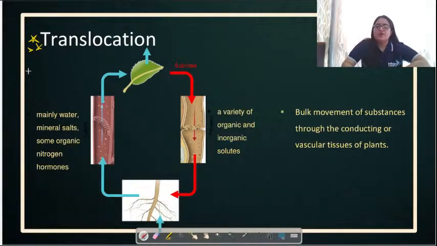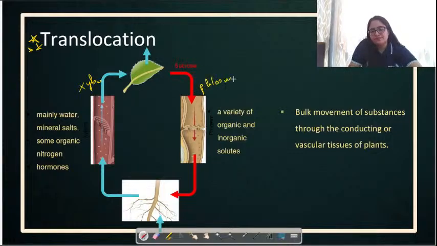For example, this is your xylem and this is your phloem. Now, what happens in a xylem? Mainly water, mineral salts, some organic nitrogen and hormones from the soil via root will reach the leaf part with the help of xylem. This is translocation.